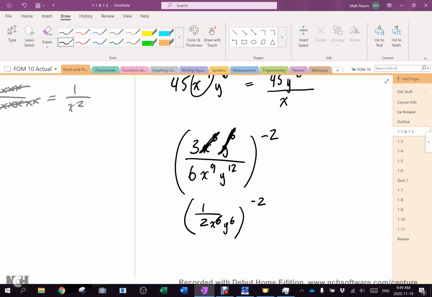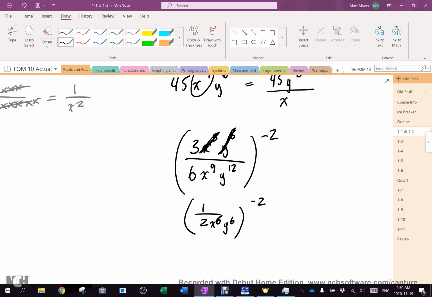Is that a pain? It is. But doesn't a negative exponent reciprocate its base? Couldn't I reciprocate that base? Yes. So I would get 2x to the 6th, y to the 6th over 1, yes?